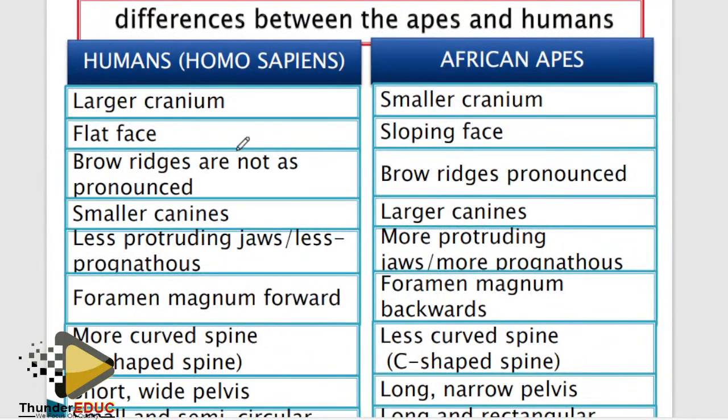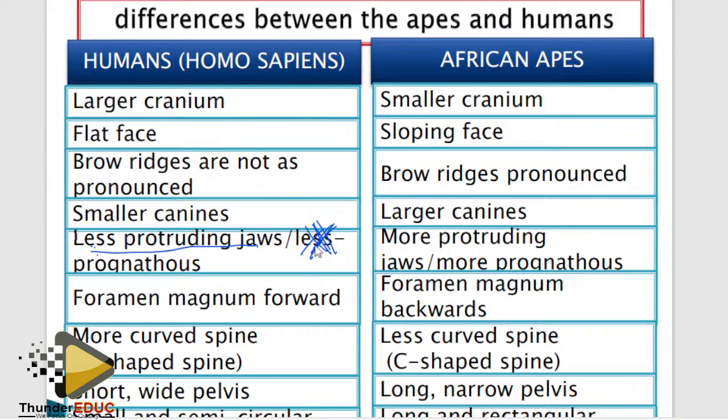There's something I need to talk about here. Don't say less prognathus. You can say less protruding jaws, but you don't say this one, because we updated this after the book came out, so we have to update it next year.